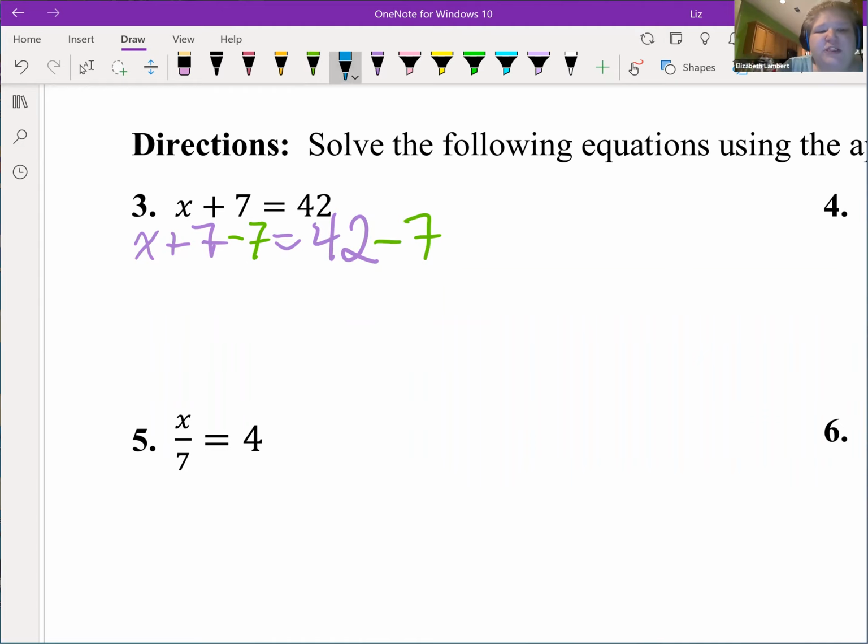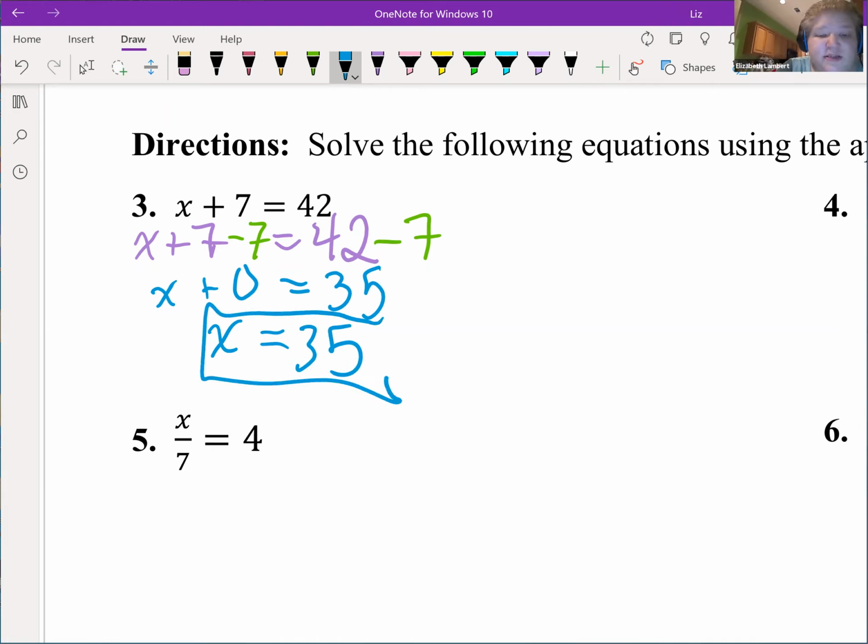So over here with our x plus 7 minus 7, well, plus 7 minus 7 is 0, and x plus 0. Do I really need to even write plus 0? Does it do anything? Is it going to change x? No. And then 42 minus 7 we can calculate, and that is 35. So that is the solution to this equation, x equals 35.